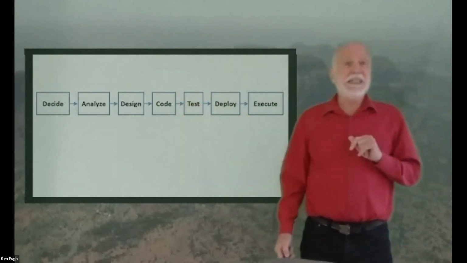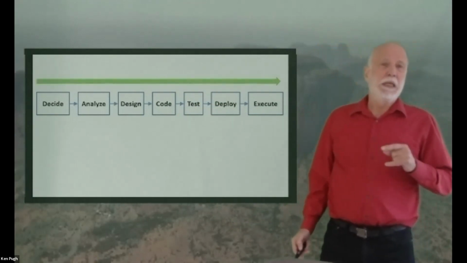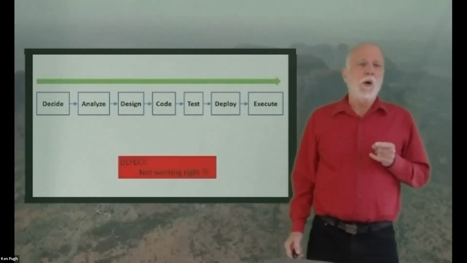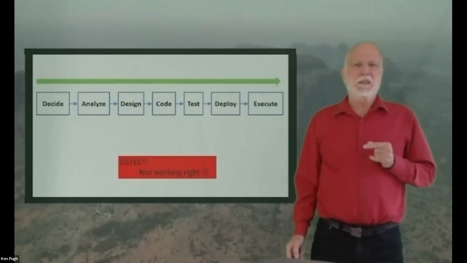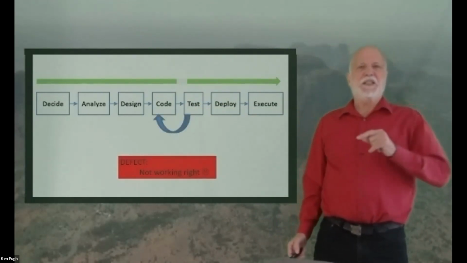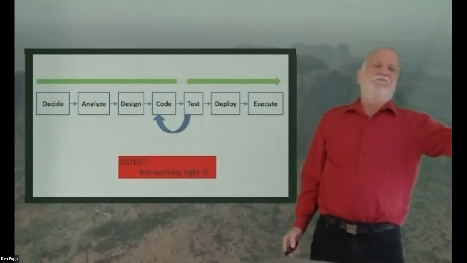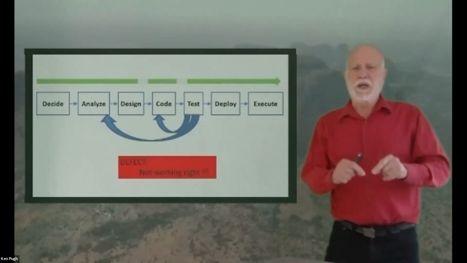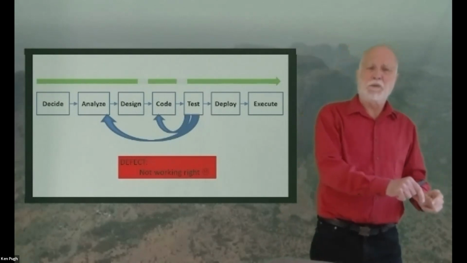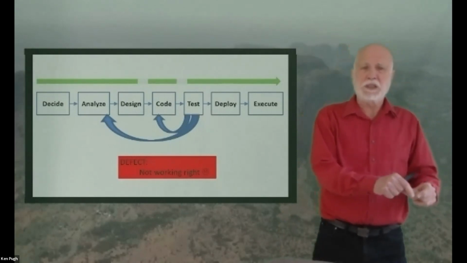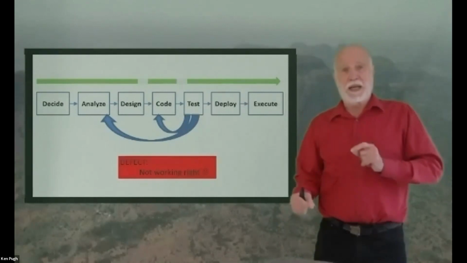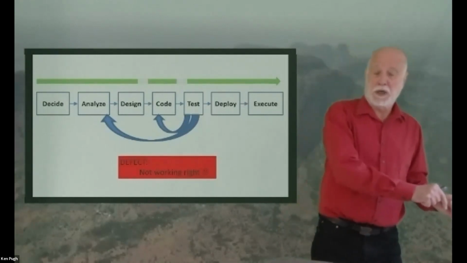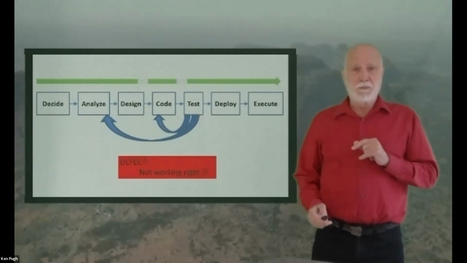But without ATDD, BDD, what happens? Instead of getting a direct flow, we get defects. We go from test back to coding. We go from test back to analyze because we realize in testing we didn't understand the requirement well. It was a little ambiguous, and the developer read it one way, the tester read it another, and then we have to go back to the product owner to say, what did you really mean?